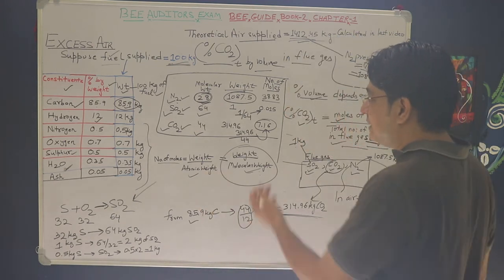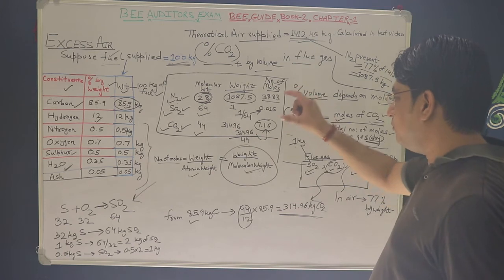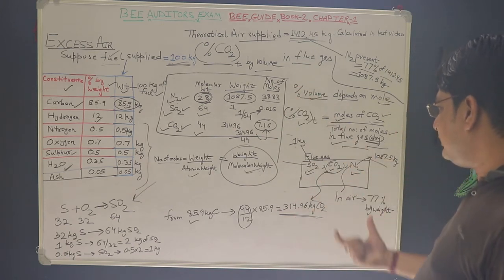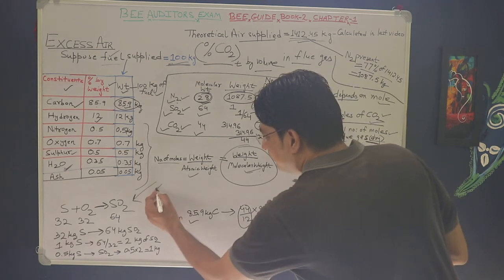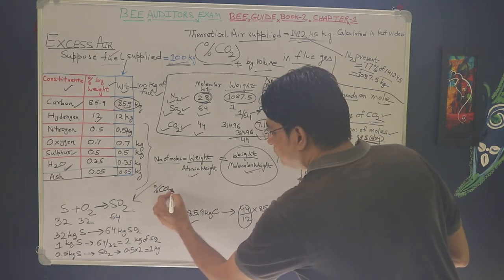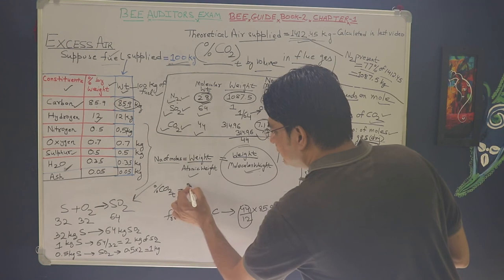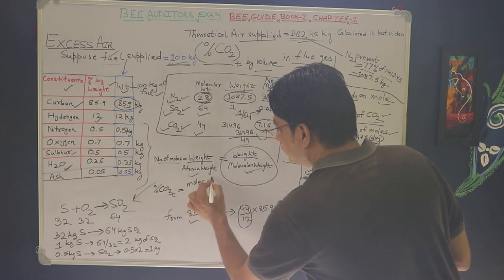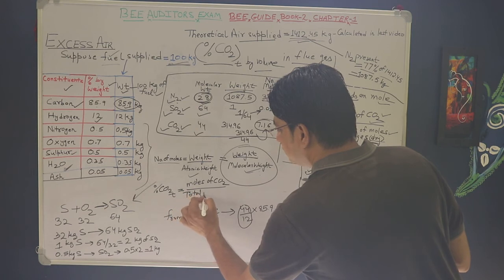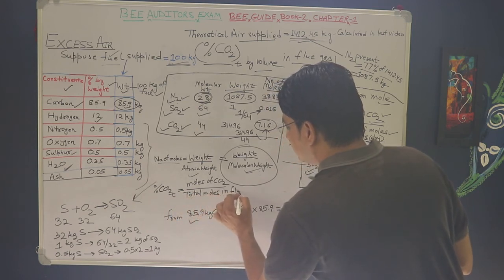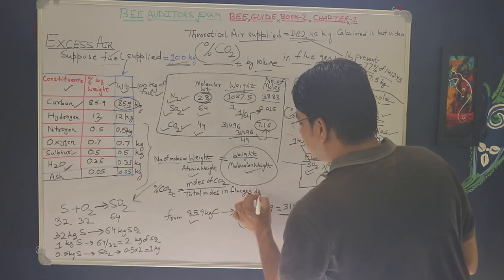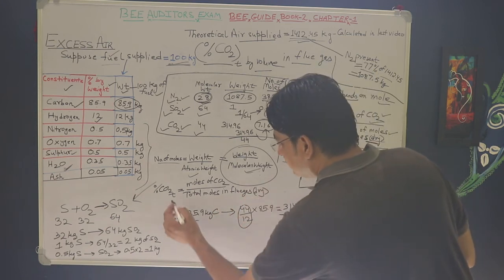Now moving next, since I have calculated the number of moles of each of the constituents present in the flue gas, I can easily calculate now the percentage CO2 theoretical as moles of CO2 divided by total moles in flue gas, and that is dry in particular.